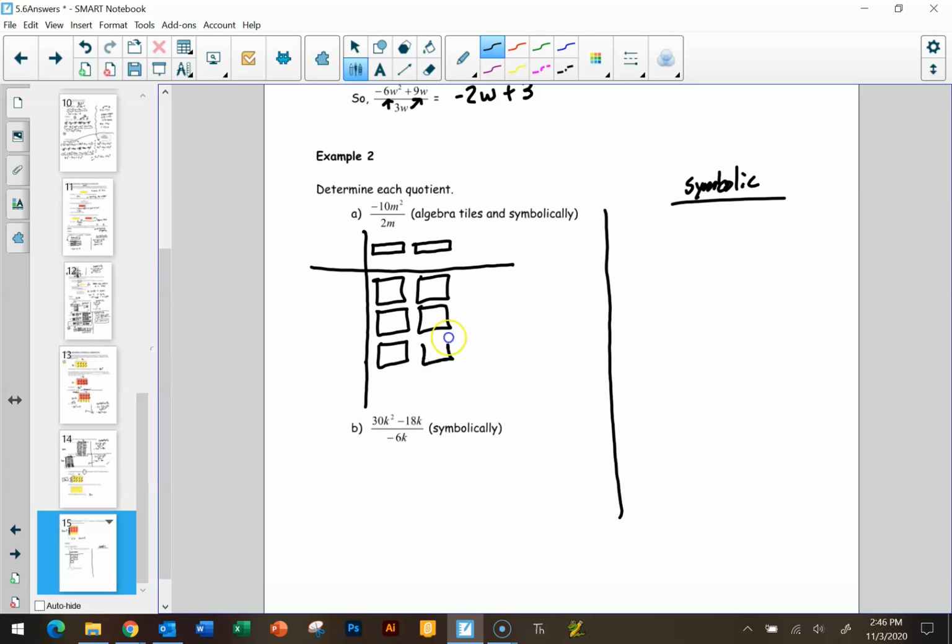And there has to be 10 of them, and I have to separate them into 2 rows. So the only way I can do that, oh, goodness grief, I'm running out of room again, is by putting 2 in each row. So that should be 10 of these, and they're all negative, so I'm just going to shade them in. Starting to look more like rectangles.